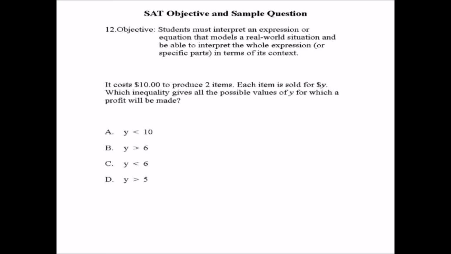B, Y is less than 10. B, Y is greater than 6. C, Y is less than 6. Or D, Y is greater than 5. Circle the correct letter. And be careful with the phrasing. It must be able to give all the possible values of Y for which a profit will be made.